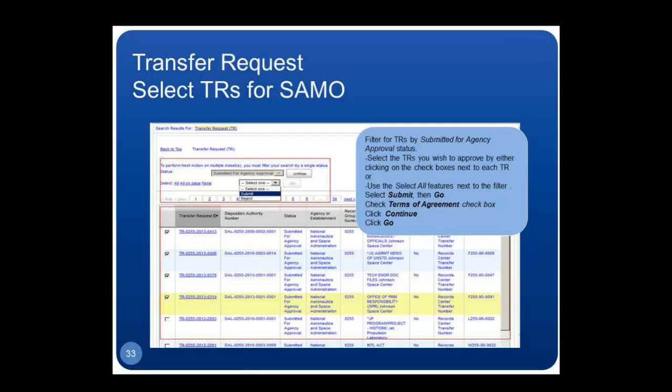So again, the SAMO, the mass action, is a tool that's available for transfer forms that are in submitted for agency approval status, which may be utilized to expedite workflow. That's a decision that agencies would make based on internal review processes. But it is something that's available should there be an interest in utilizing it.